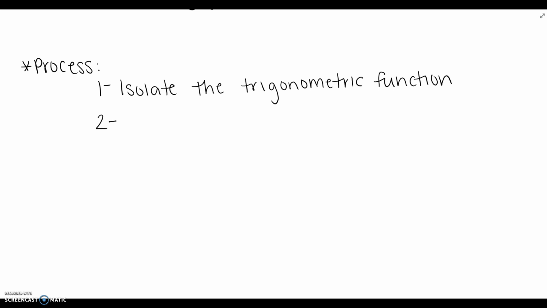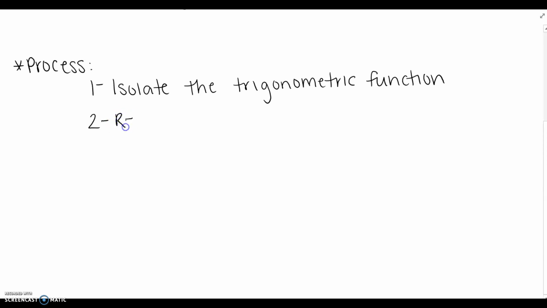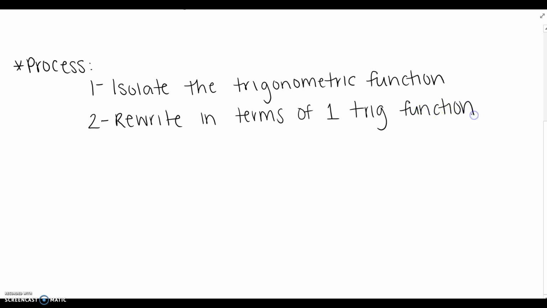Then you want to rewrite it in terms of one trig function. Then you want to solve for the trig function on the unit circle, which is why you need to remember your unit circle values without using your calculator.